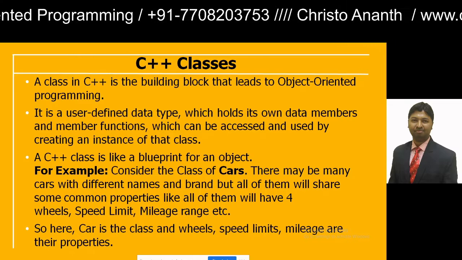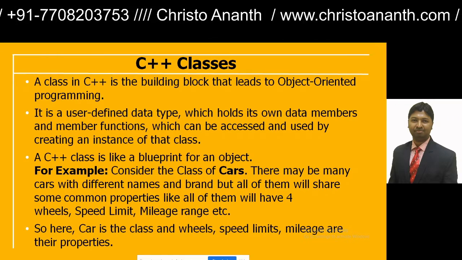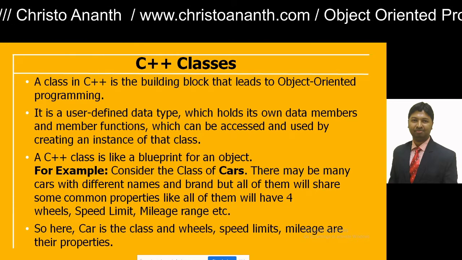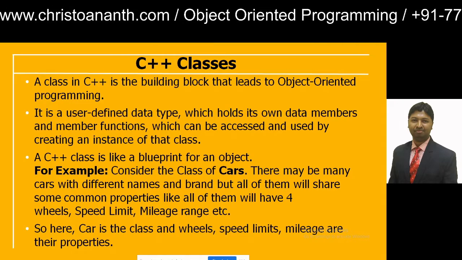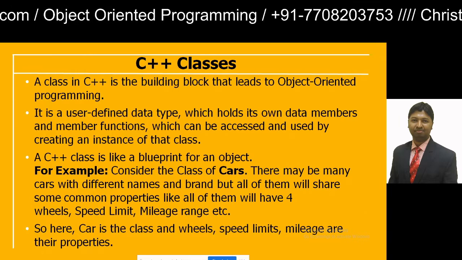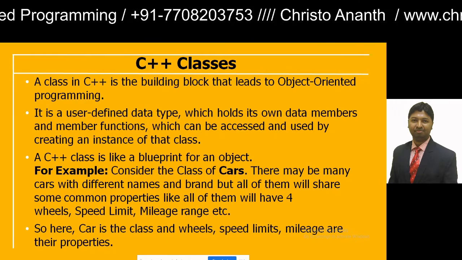So these properties remain the same. So you consider the car to be a class, and wheels, speed limits, tire, or mileage you consider as the properties of the class.